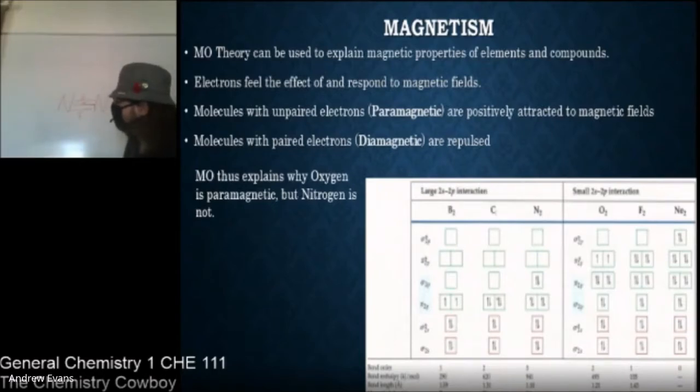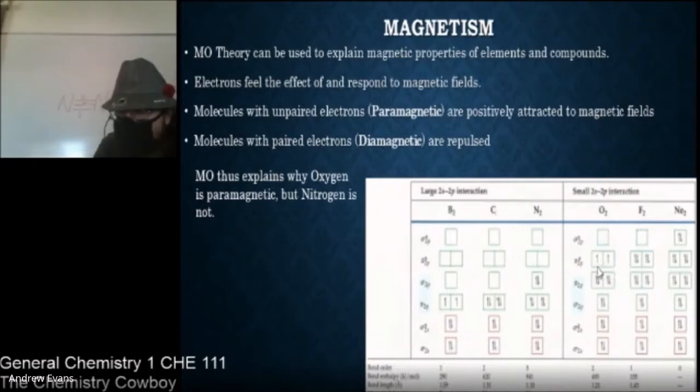Now we start to do the same thing with oxygen. Notice oxygen, we have the flip. Instead of being 2, 1, we have 1, 2. But oxygen, we have 6 electrons each, so we have to put in 12 electrons. 1, 2, 4, those cancel out. 6, 8, 10, 12.